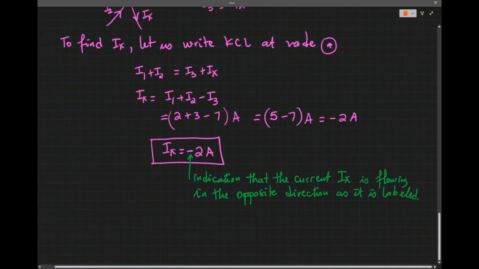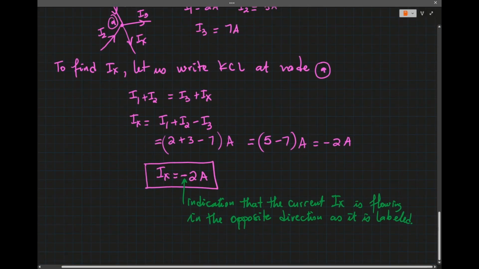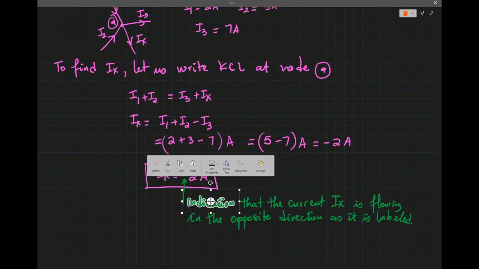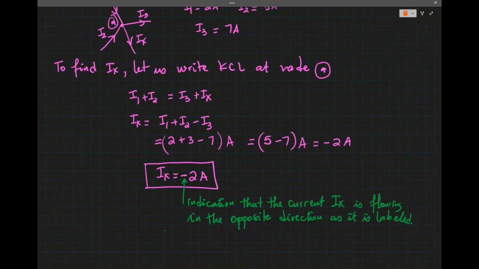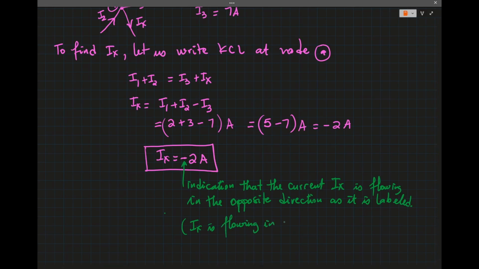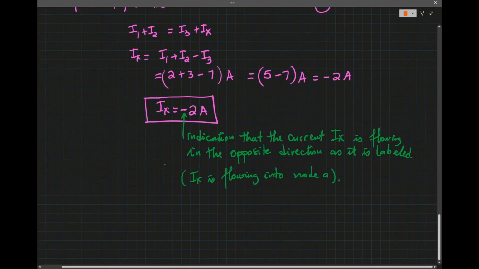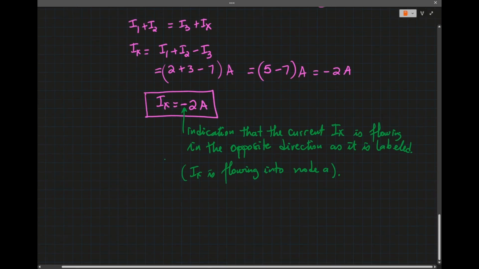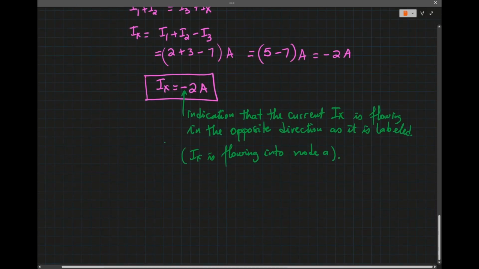So that means Ix is instead flowing into node A. Okay, and we are going to use this extensively to solve networks.